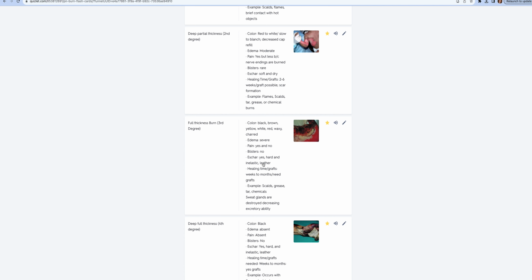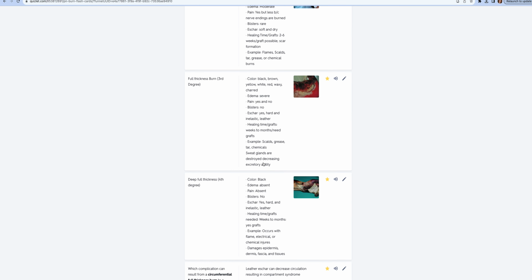Okay, so in this layer, the sweat glands are destroyed, decreasing excretory ability. And then with deep full thickness, also in full thickness, the nerve endings are gone, so that's why they don't feel the pain. In deep full thickness, the color is black.